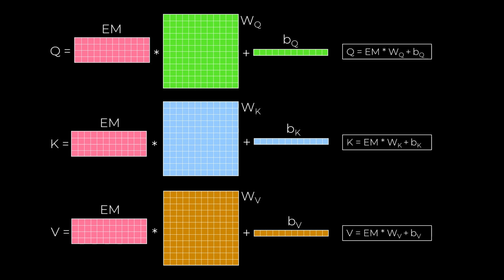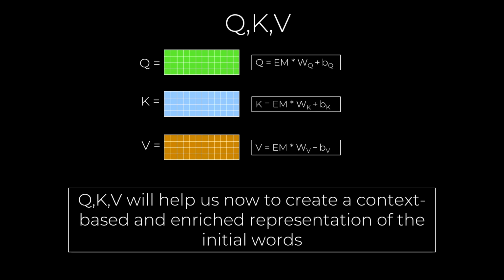Matrix multiplication is performed between the embedding matrix and the weight matrices, and biases are added using broadcasting, for example in Python. If you're unfamiliar with these operations, let me know in the comments and I'll cover it in another video. In our case, Q, K and V have the same shape as the input embedding matrix because of the way the weight matrices are structured, 12 by 12.